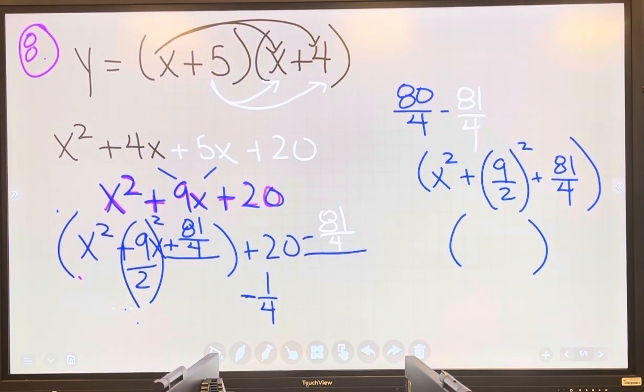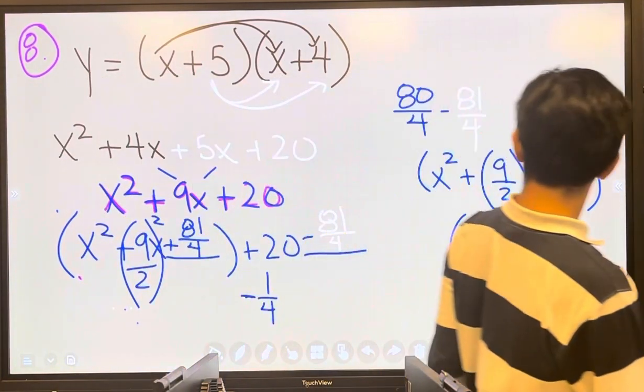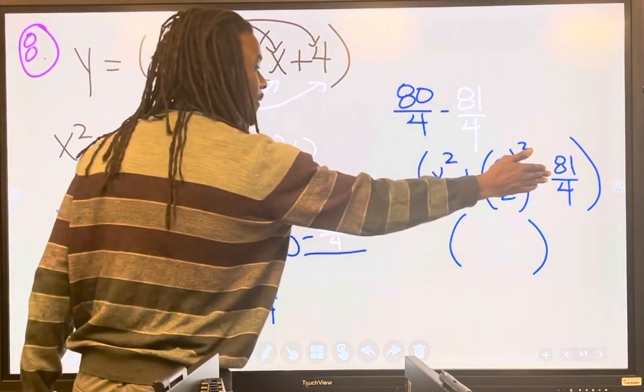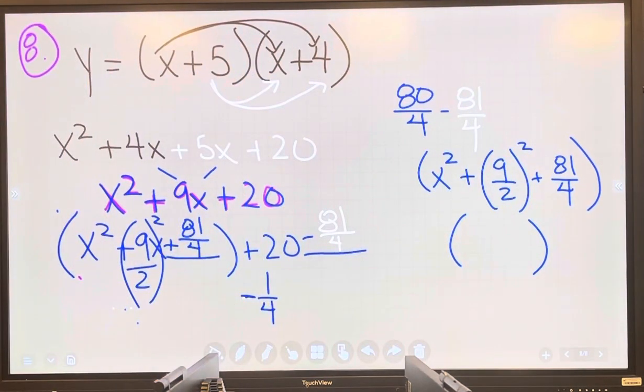What is that fraction? 9 over 2. So when we have a fraction like 81 over 4, 2 numbers that multiply to equal 81 over 4, then if I add them, they give me 9 over 2.